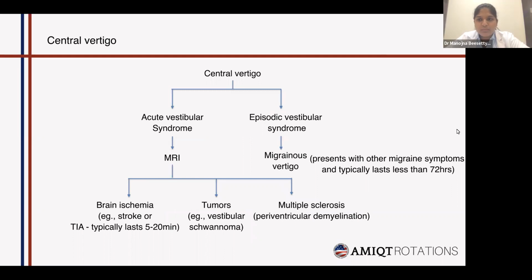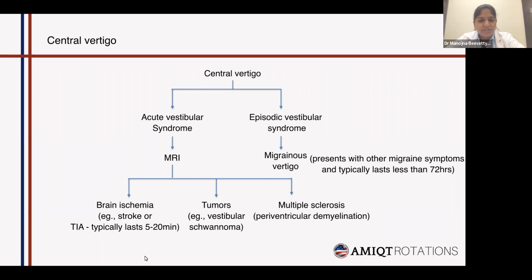As with peripheral causes of vertigo, we could also differentiate between the multiple causes of central vertigo. So even here, to start with the presentation, if it is acute, falling under the acute vestibular syndrome, then we should be doing the MRI. It helps us show brain ischemia, tumors, and multiple sclerosis.